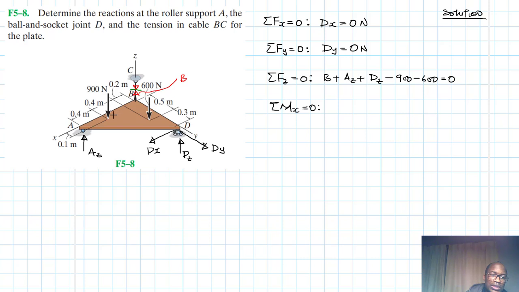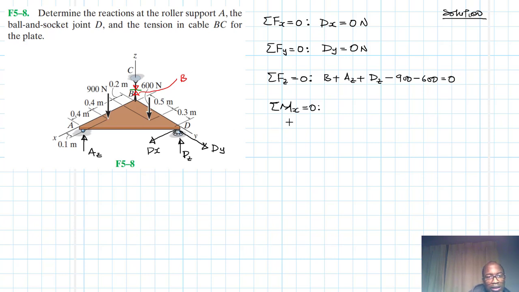The curled fingers show the direction of rotation, whether it is clockwise or anti-clockwise, and the thumb shows the direction. If the thumb points towards the positive axis, then that moment is positive. If the thumb is pointing in the opposite direction, then the moment is negative, right?